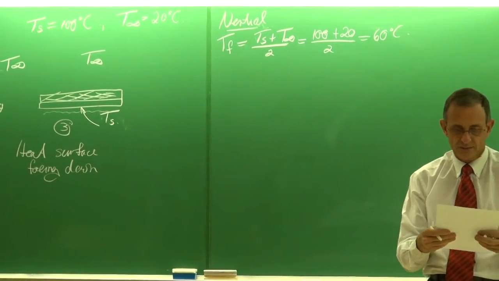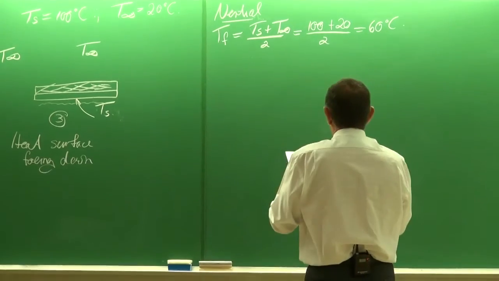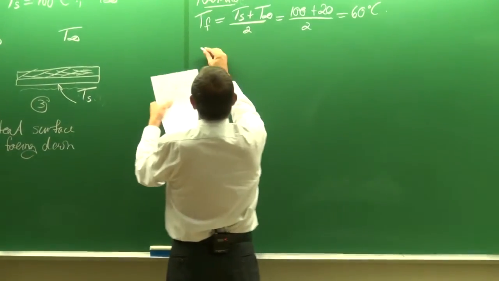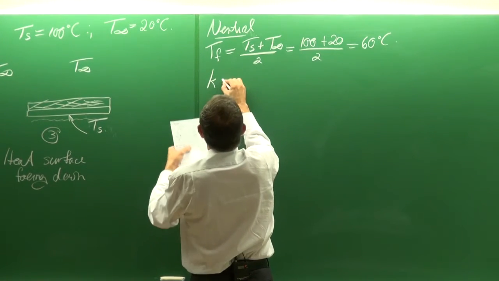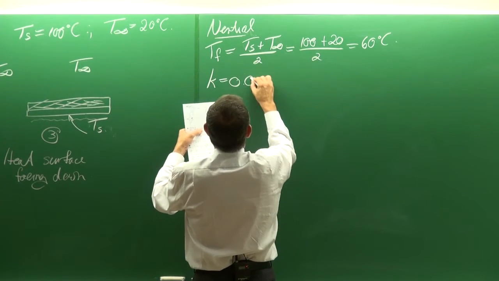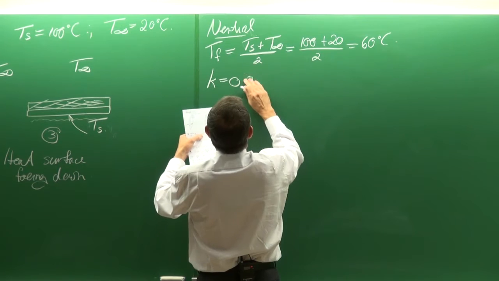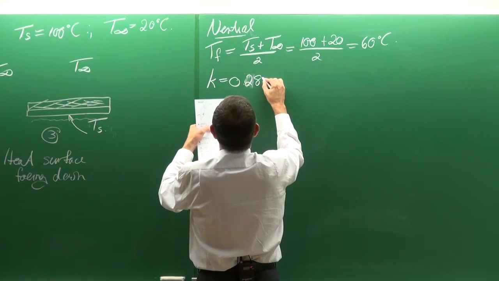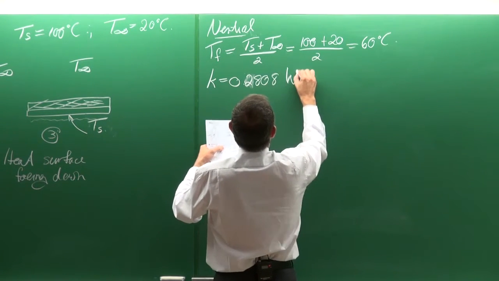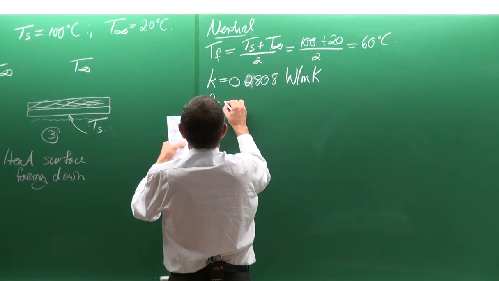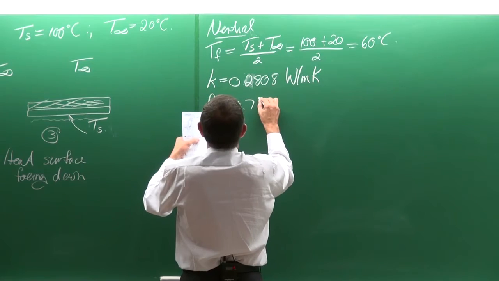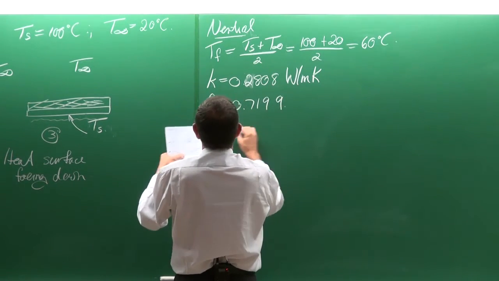all the properties. Right. Now at that temperature we can get the properties: the thermal conductivity k, which is equal to 0.2808 watts per meter Kelvin. The Prandtl number is equal to 0.7199.